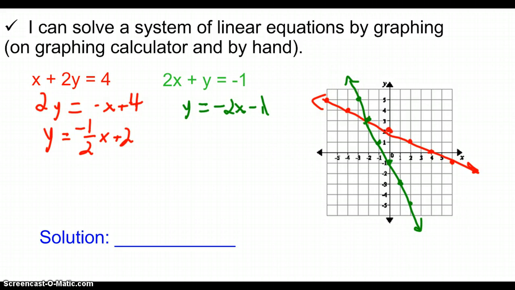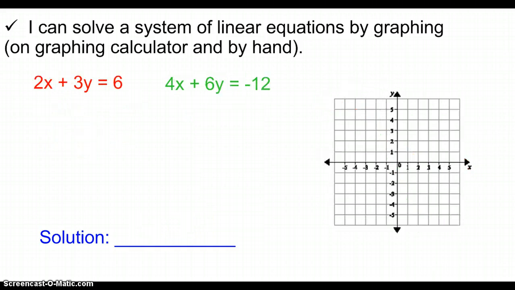And so our solution to the system of equations is where our 2 lines intersect. And so our point negative 2, positive 3 is the solution to the system.